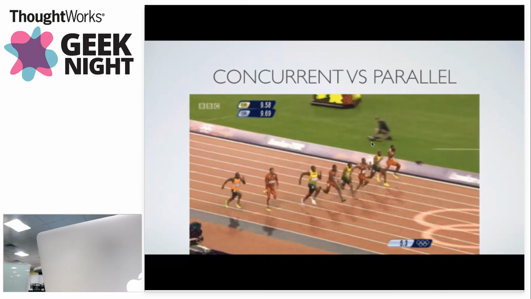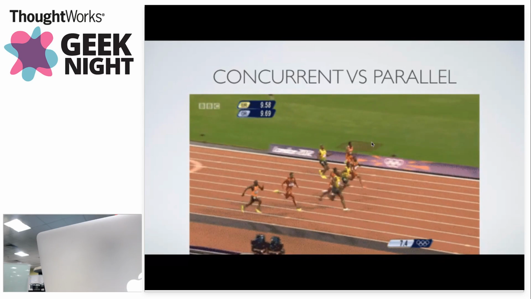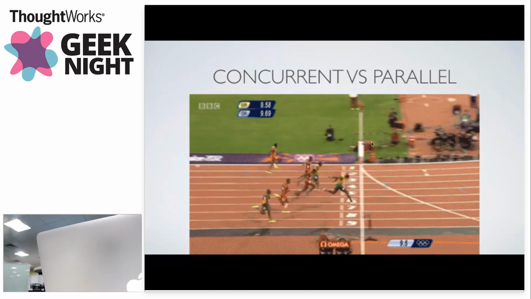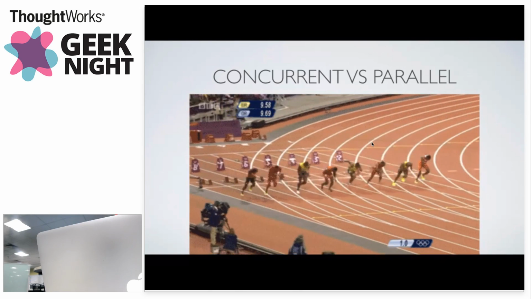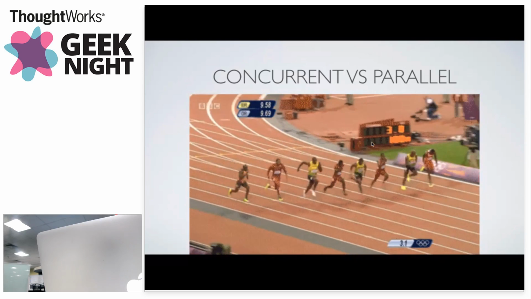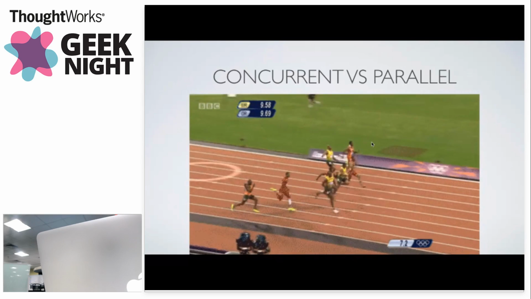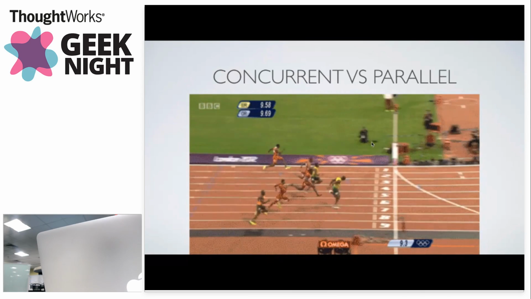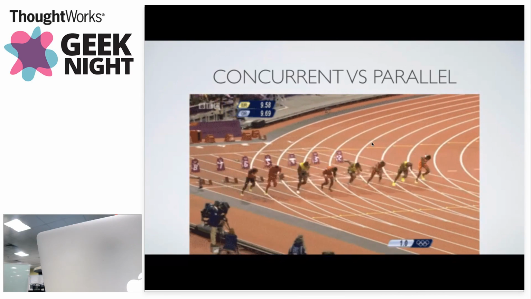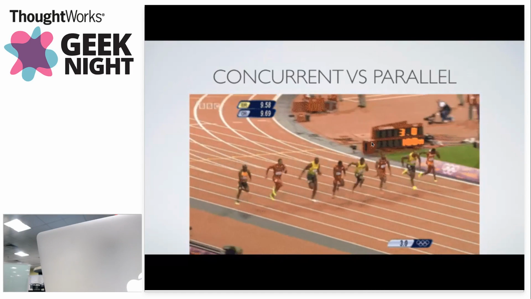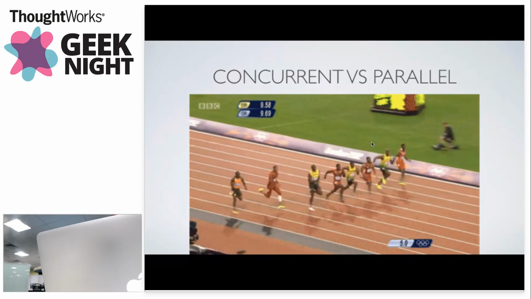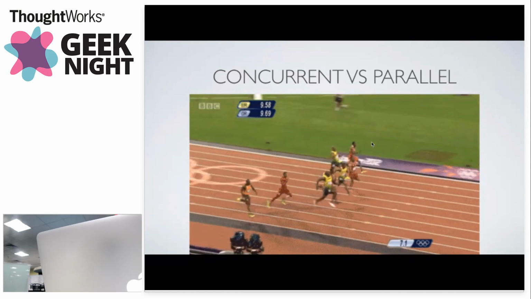And this is parallelism. You have only 8 tracks, which you can compare to your CPU cores, and 8 tasks, which are your runners. Each is assigned to their own track, and they have to run in their own track. But the other runners who are waiting there are mostly idle. Either they'll be stretching themselves or doing some other work, getting advice from their coach or whatever.